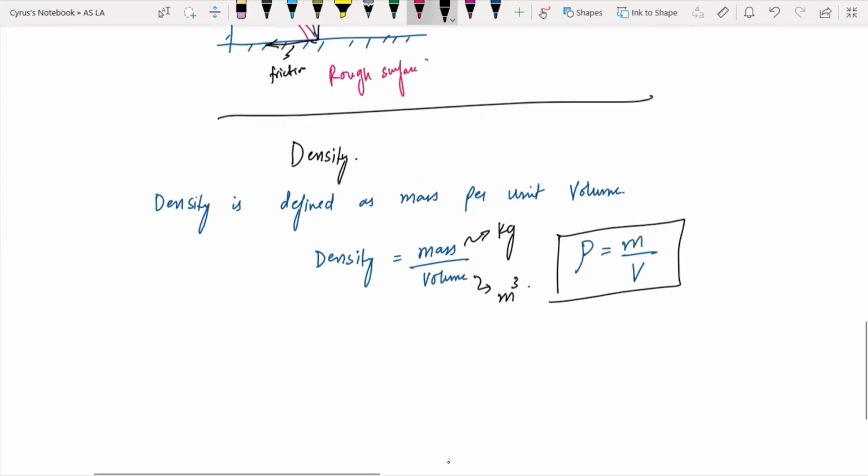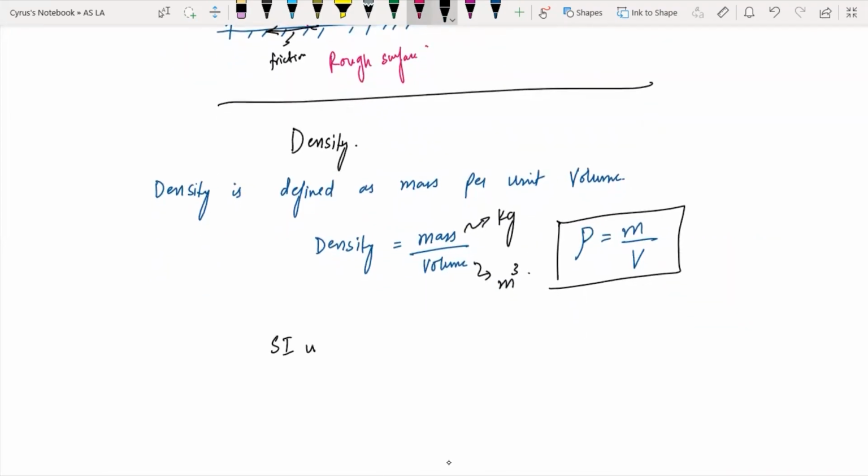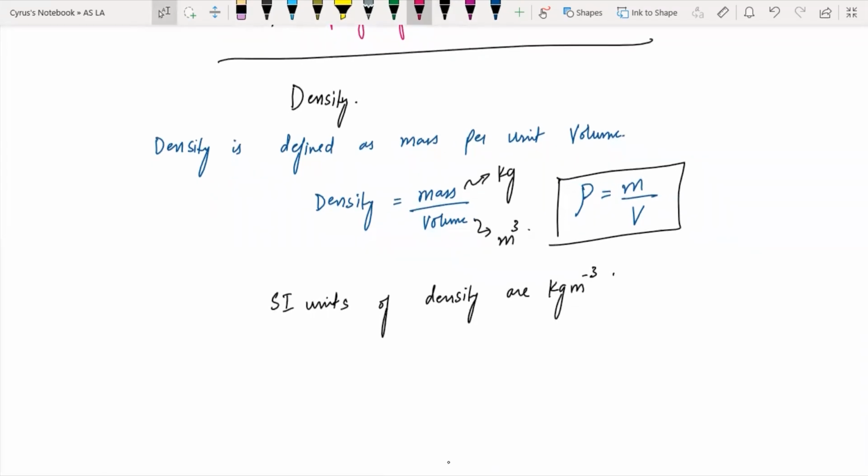So the SI units for density are kilogram m-3. The other units of density are gram per cm cubes.